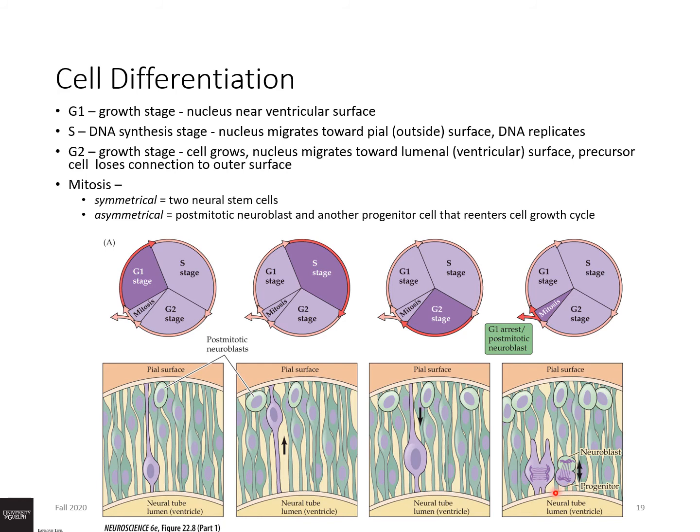So this is when it produces another neural stem cell that re-enters the growth cycle, along with a mitotic neuroblast. So asymmetrical mitosis results in a new stem cell and a neuroblast, so an immature neuron. And symmetrical mitosis creates two more neural stem cells that each then undergo this growth, synthesis, growth, and then mitosis.